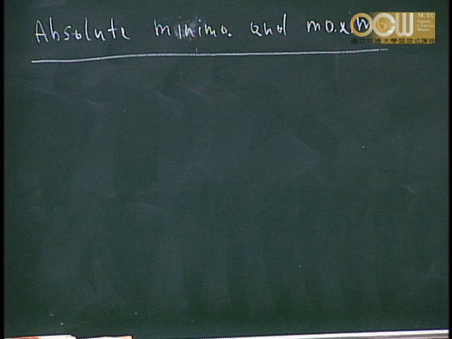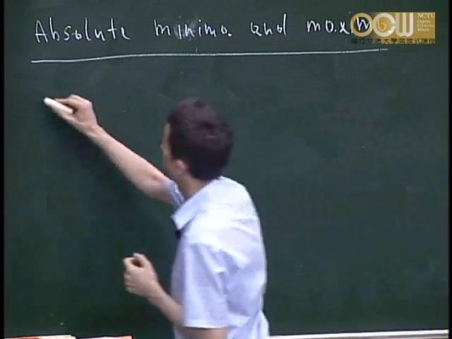Now, also for functions of two variables we have a similar result, but in order to state it, we have to discuss first what the analog of a closed interval is in this setting. So for this, we make the following definition.